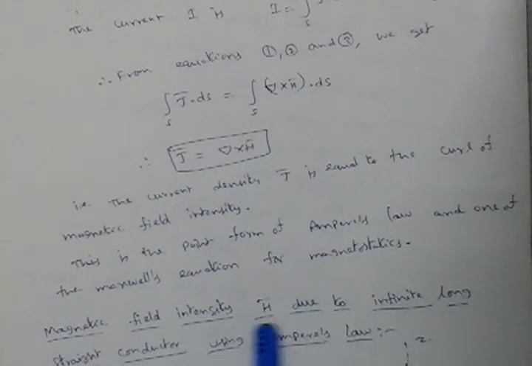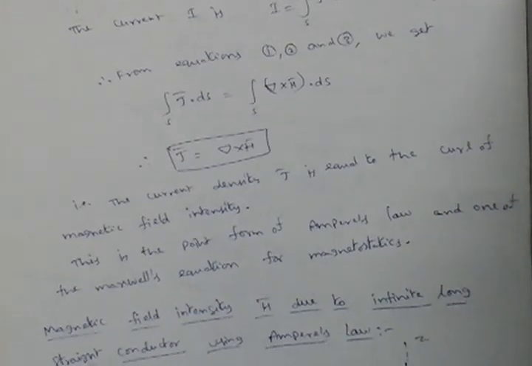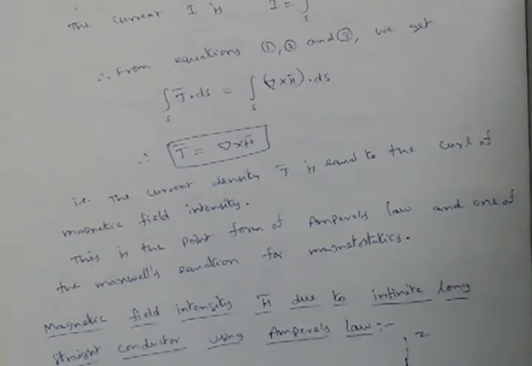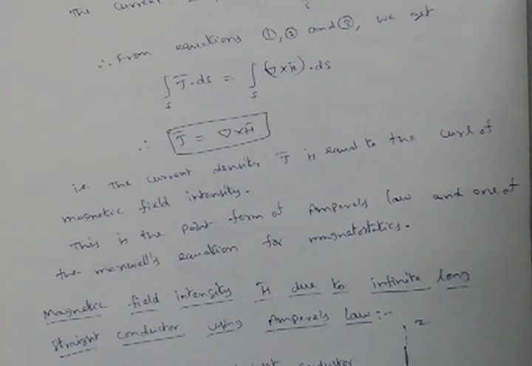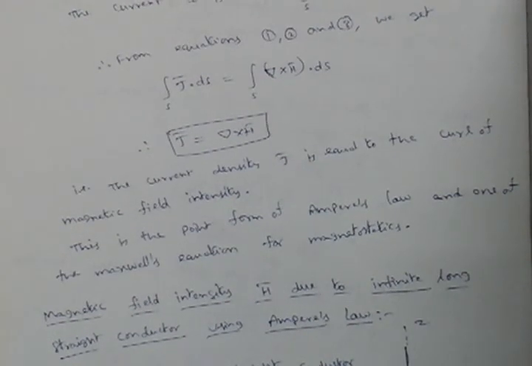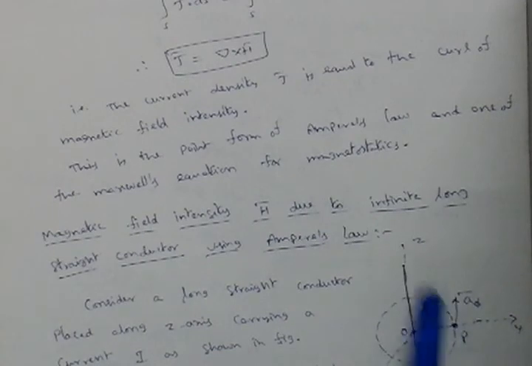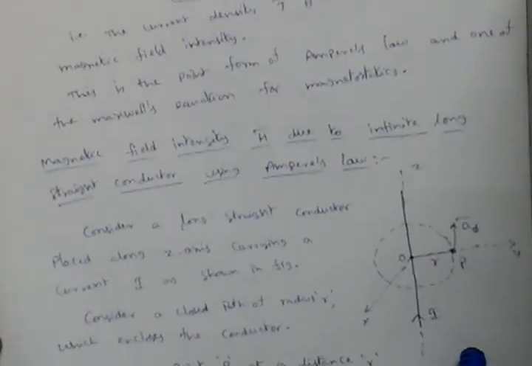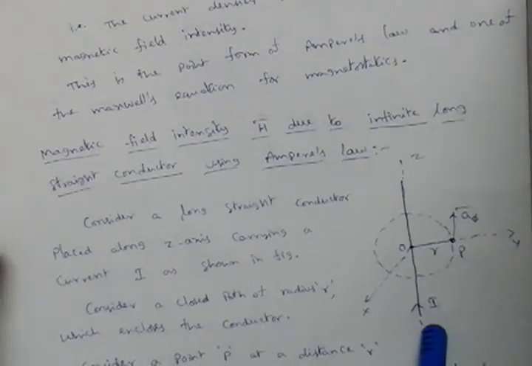We'll see the magnetic field intensity due to an infinite long straight conductor using Ampere's circuit law. We need to consider once again an infinite long straight conductor placed along the z-axis, from minus infinity to plus infinity, through which the current is I, producing a magnetic field surrounding it.